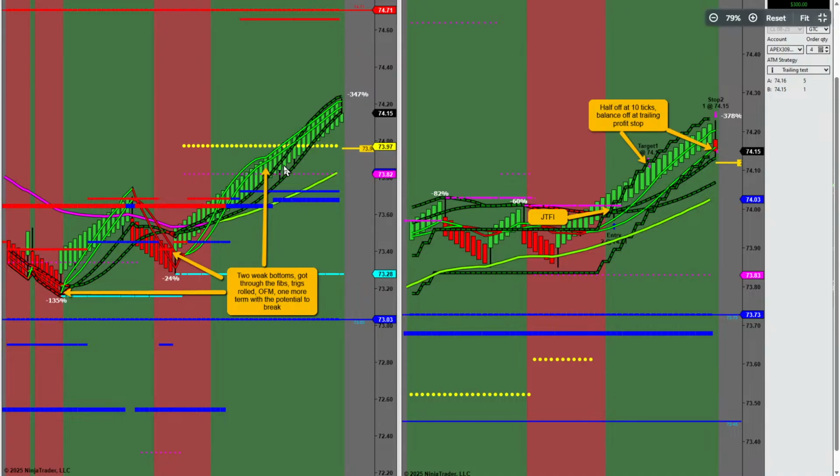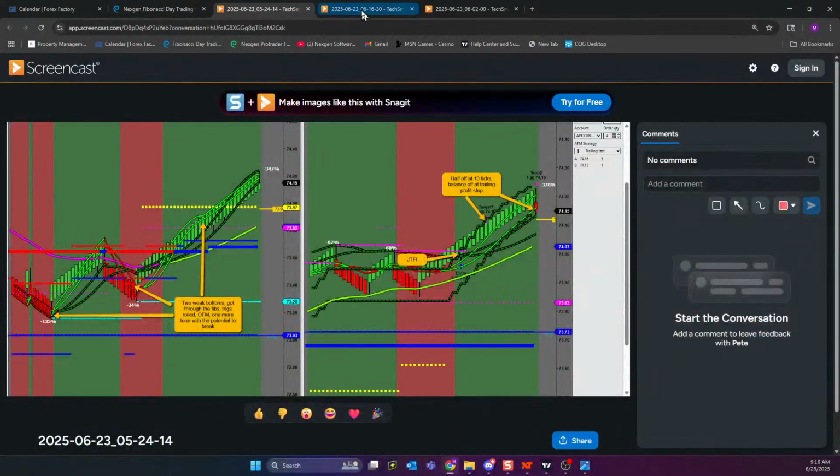My triggers aren't through. The momentum is there, but I'm just not sure. And then when all of his indicators roll and everything starts to head up, Pete says, okay, now I can go and try to capitalize on that look. And sure enough, he does. Pete, great patience. Not getting caught in the reaction off the key area, waiting to get above it, and then finding a way to make your money.